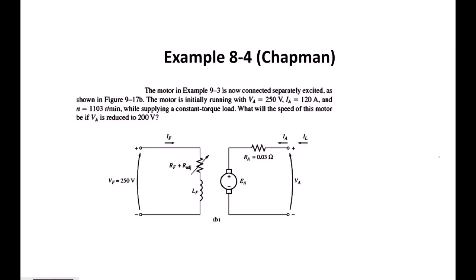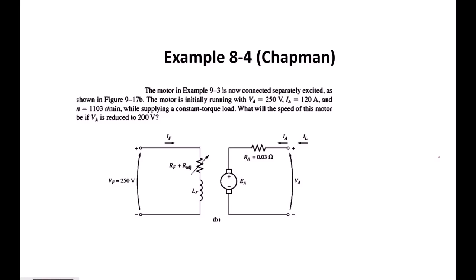The motor in example 8.3, which has been discussed in the previous video, is now connected separately excited as shown in the figure, and the motor is initially running with VA, the armature voltage, equal to 250 volts, armature current IA 120 amps, and the speed is 1103 rpm, while supplying a constant torque load.